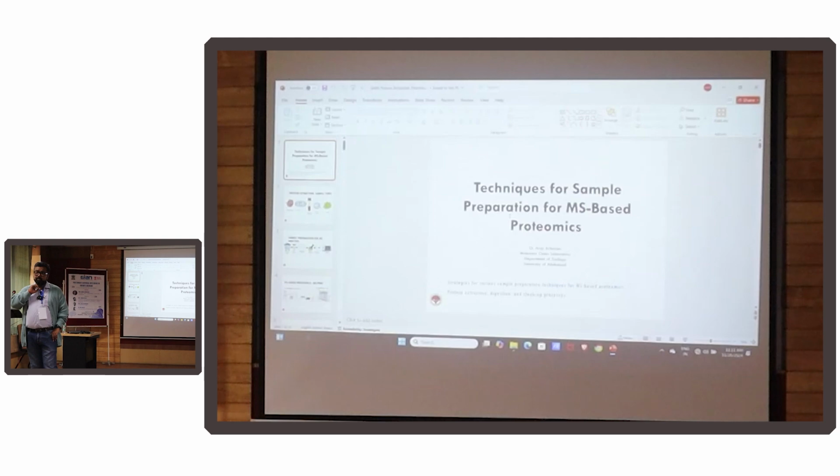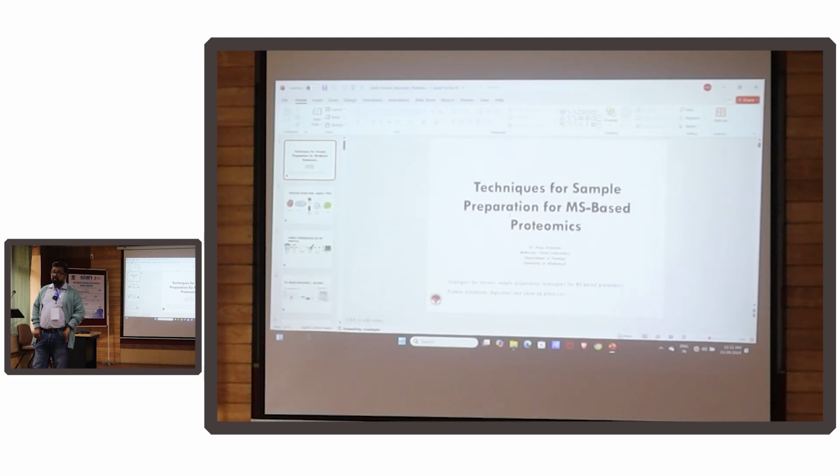I think Professor Shubhra Chakraborty does plant proteomics. There are a few other people who do plant proteomics. You can get in touch with their labs and also go through their papers. Is it taken from a paper, or did you standardize it in-house?